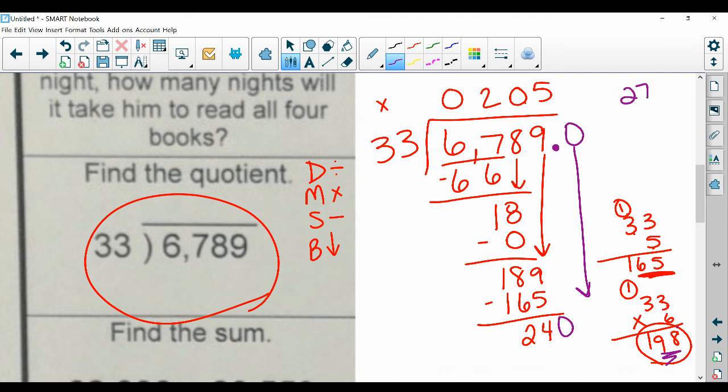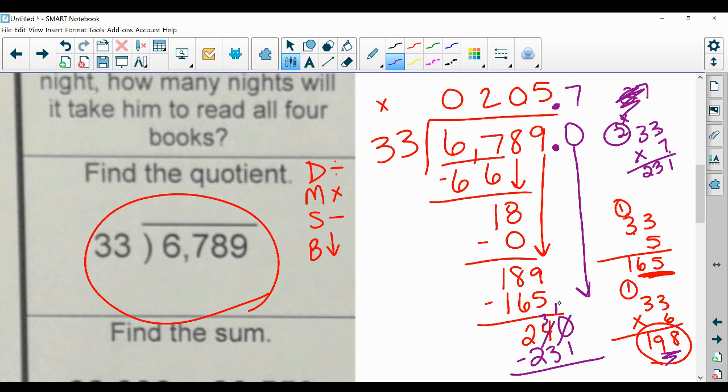My bad. I want to try 33 times 7. 7 times 3 is 21. 21, 22, 23. And that's probably going to be my magic number for this round. So I have 231.